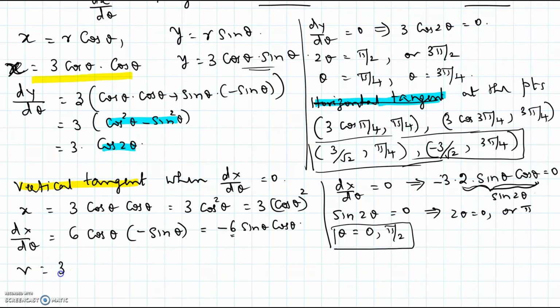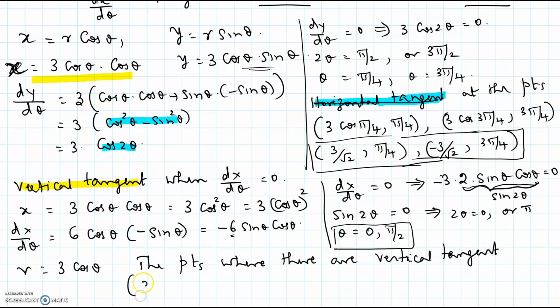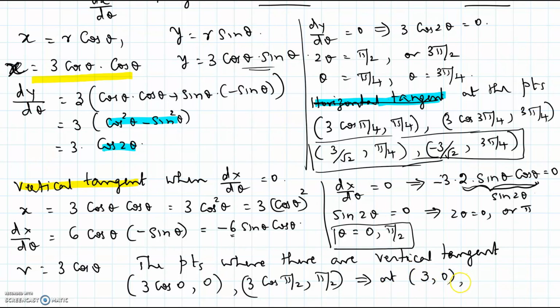So the points where you have vertical tangent are given by 3 cosine 0, comma 0, and 3 cosine pi by 2, comma pi by 2. 3 cosine 0 is 3, so it is 3, 0, and cosine pi by 2 is 0, so it's 0, pi by 2.